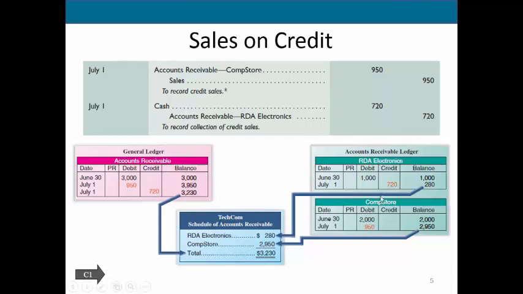You can see here we've got 2 of our customers, and the ending balances within those ledgers are what make up the total balance in our accounts receivable. And keep in mind, it's this total balance that we're going to see on our balance sheet. But we still have to keep track of what someone owes us and what they have paid us in separate ledgers for each specific customer.